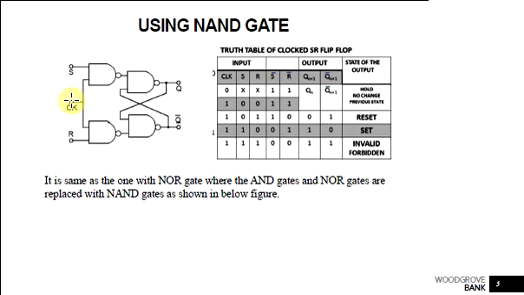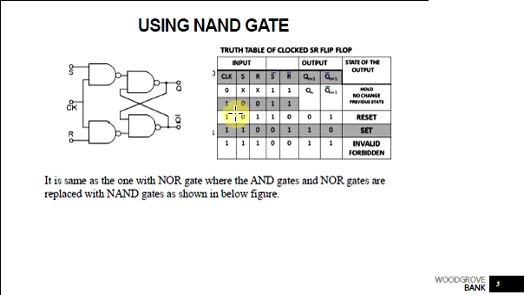Whenever we give 1 to the clock pulse, the output will change according to the inputs. Otherwise, when the clock is low, the output remains in the no change condition.